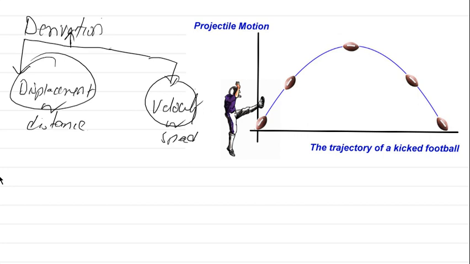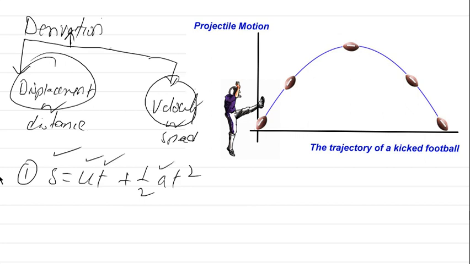We know from the kinematic equations that the first equation of motion related to the distance or displacement is s = ut + 1/2 at², where s is distance or displacement. We can also take it as a height. It depends on the situation you are working on. u is the initial velocity, t is time, 1/2 is the constant, a is acceleration, and again t is the time taken.